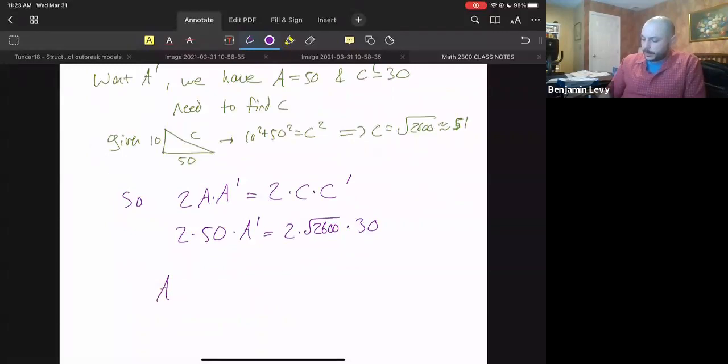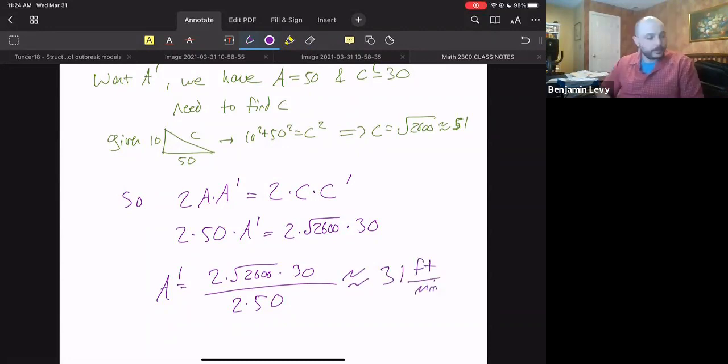So just divide everything over and we get the answer. And if we plug it into a calculator, it's about 31 feet per minute. All right, let me see what you think about that.